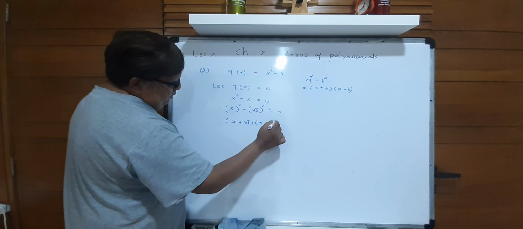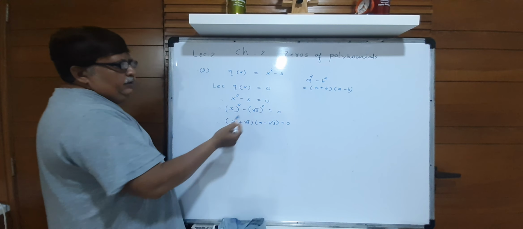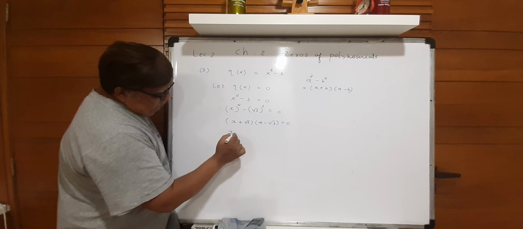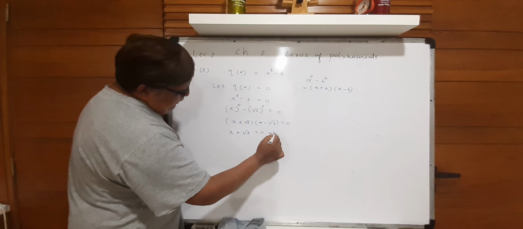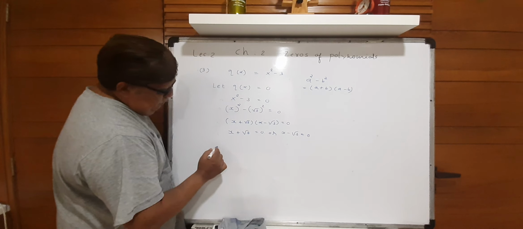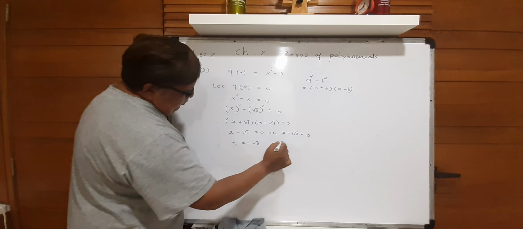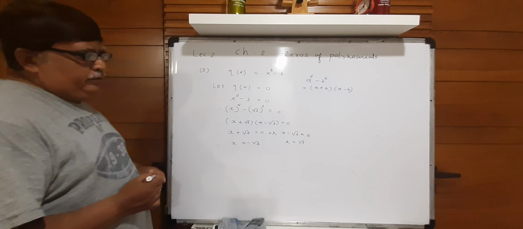Whenever you come across such numbers which are not perfect squares, you have to write them under root. So x plus under root 3 equal to 0, or x minus under root 3 equal to 0. x equal to minus under root 3, x equal to under root 3.